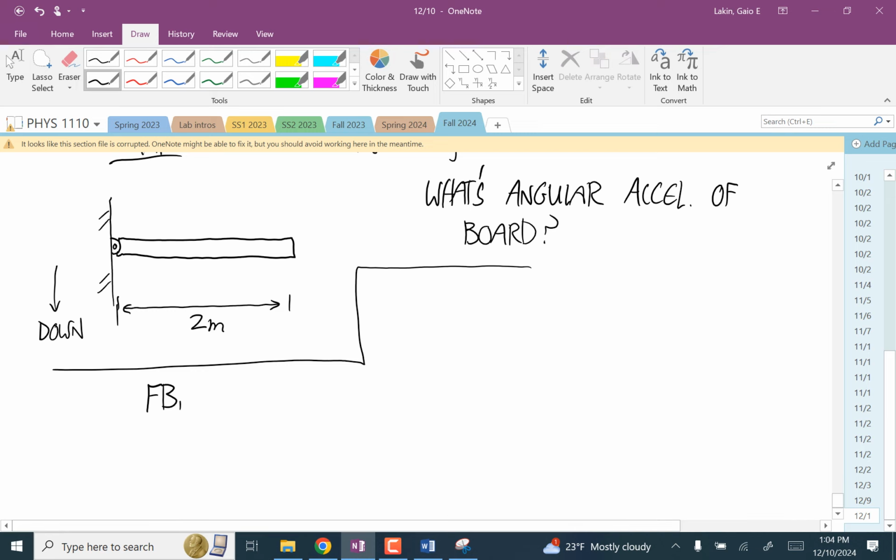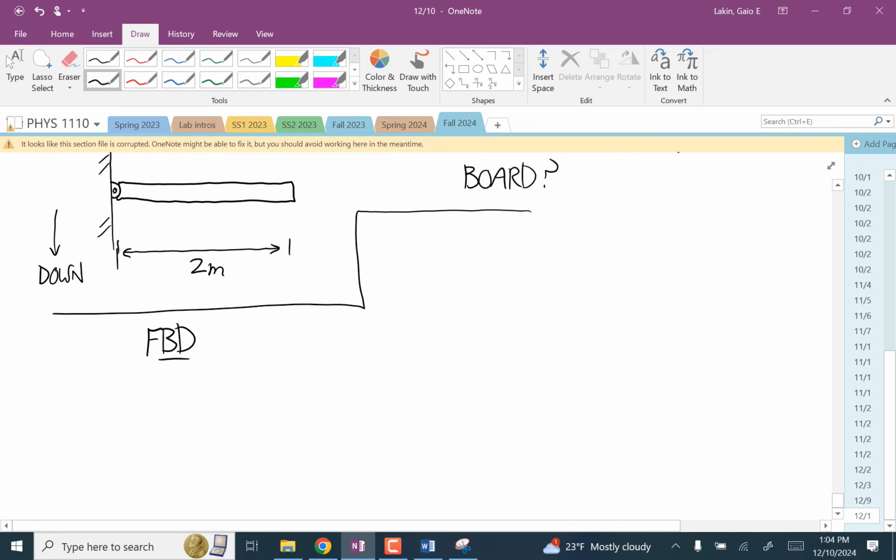Okay, here's a free body diagram of the board. At the hinge is applying some unknown horizontal and some unknown vertical force. I'll call that Rx and Ry.